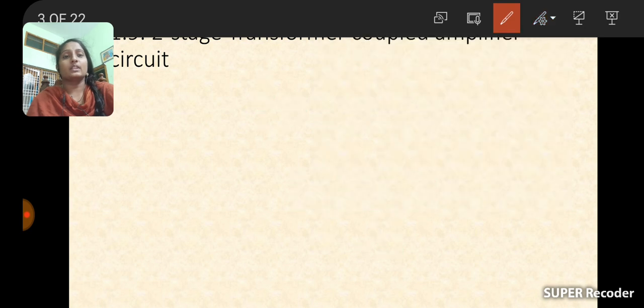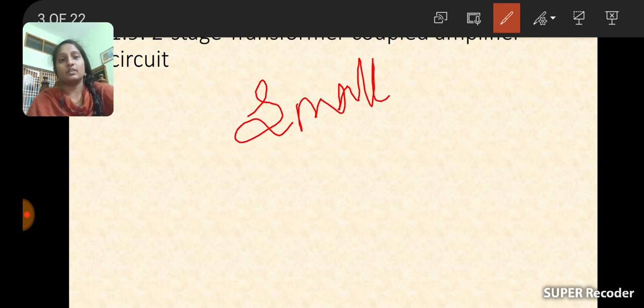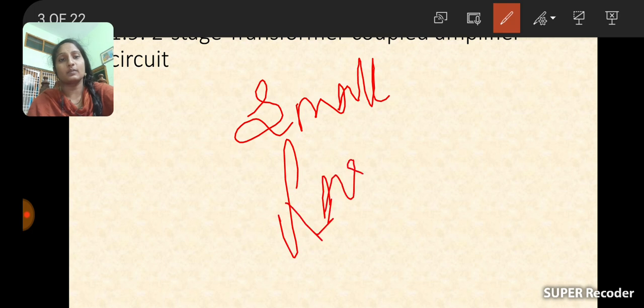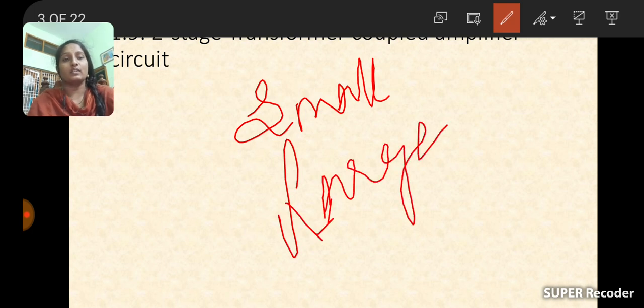And coming to the next one, according to the signal to be amplified, amplifiers are classified into two types: small signal amplifier and large signal amplifier.